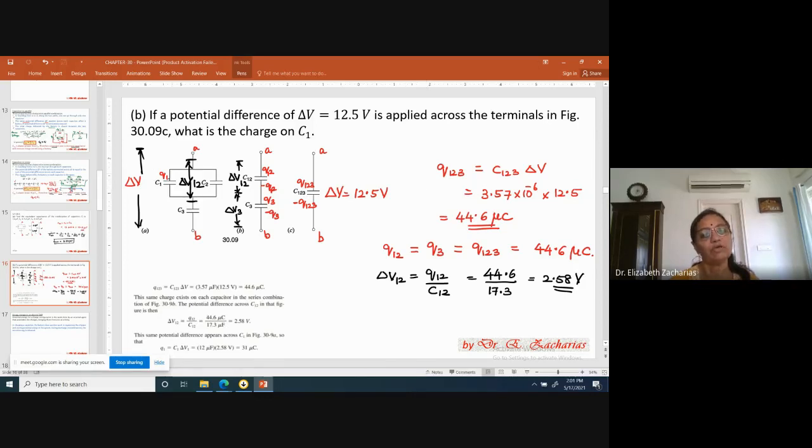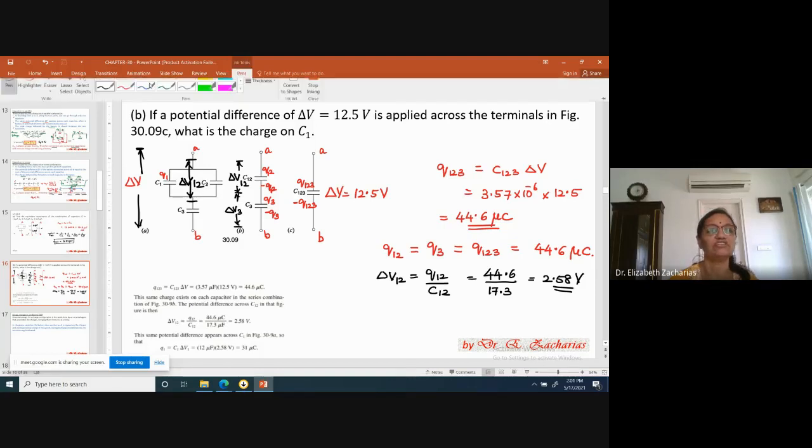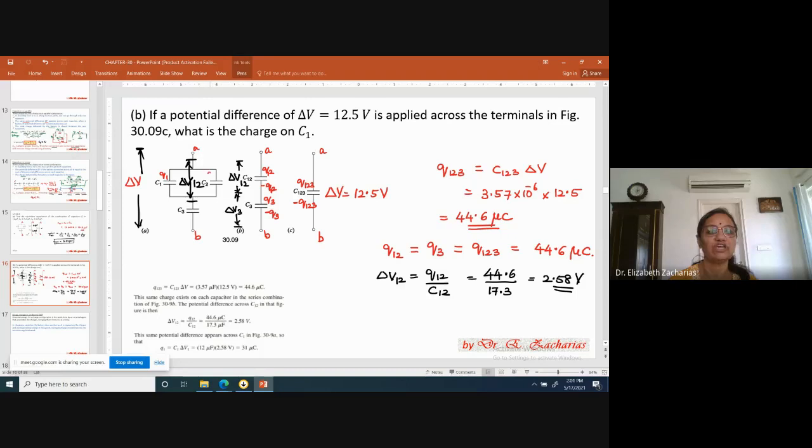Now, can I find out Q1? Anyone? When I am connecting in parallel, I have seen that it is the charge that is shared, not the potential. So the charge on this is Q2, the charge on this is Q1.